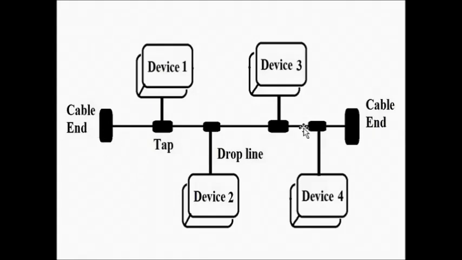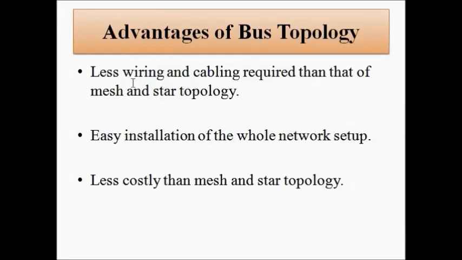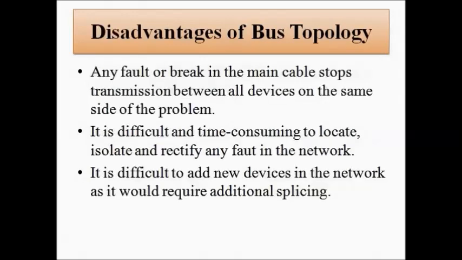So the amount of cabling or wiring required is much less when compared to mesh and star topology. Less wiring makes the connection very simple, and because of that the installation process is relatively easy and the cost is also less. These are the advantages of bus topology.